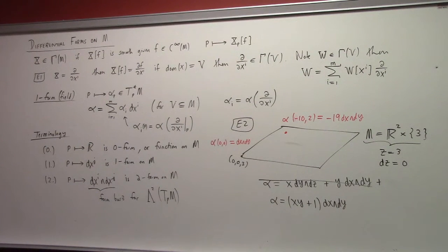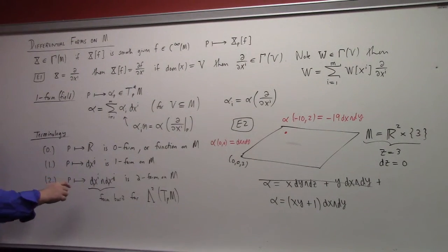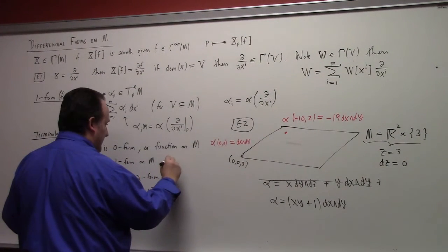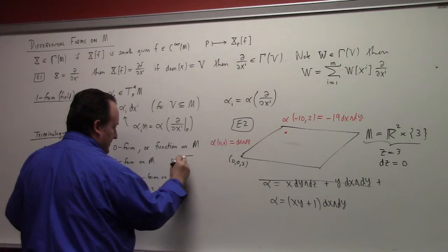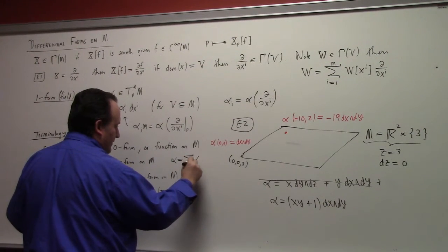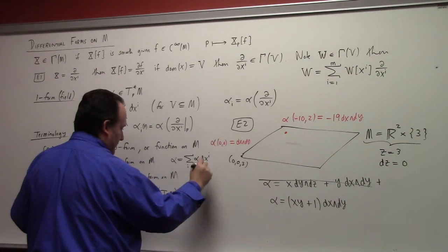So it's a two form field, technically. Right. So that's what I mean by this assignment. Now, admittedly, this is kind of dumb because I'm just talking about the basis, right? What I really should write is something like, alpha is equal to a sum over i, alpha i dx i, that's a 1 form.